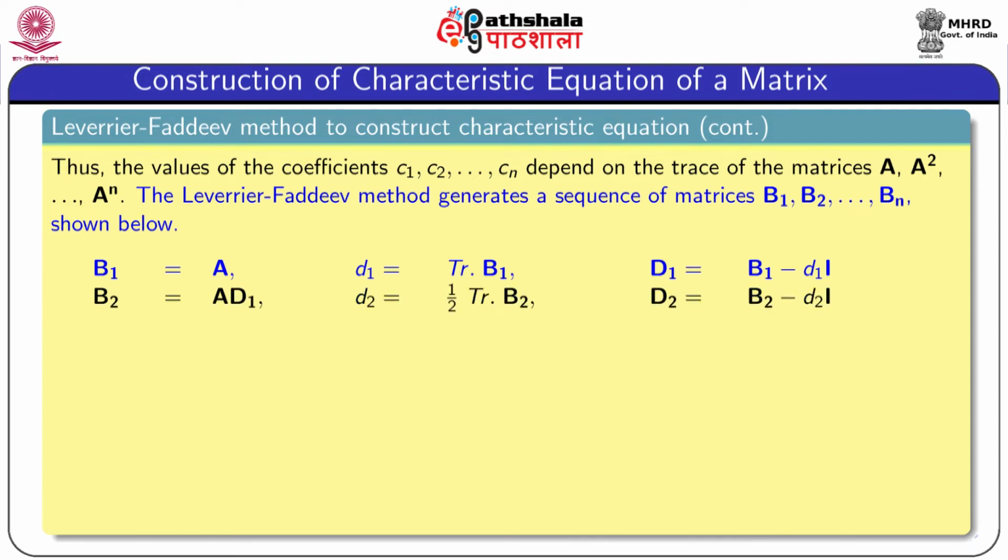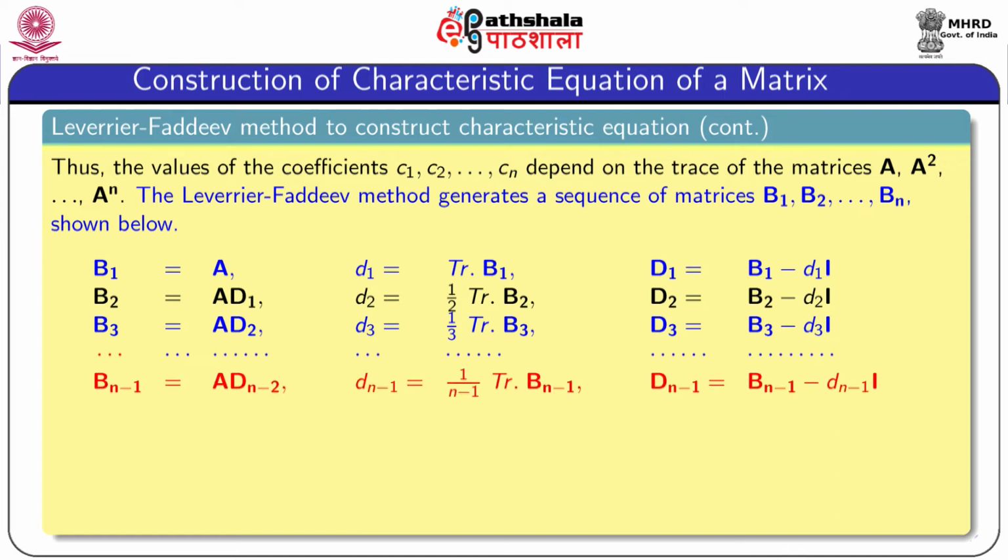Now we calculate the next matrix B2, which is equal to A into D1, where D1 is obtained in the first row. Then we calculate d2, which is equal to half into the trace of the matrix B2, and then we calculate the matrix D2 equal to B2 minus d2 into I. Similarly, we calculate B3 equal to A D2, and d3 is equal to 1 by 3 into the trace of the matrix B3, and D3 is defined as B3 minus d3 into I.